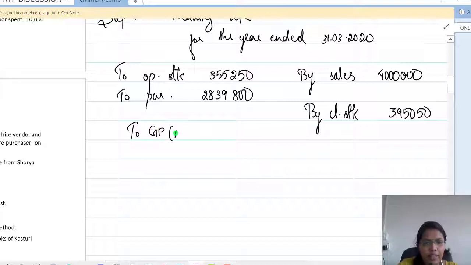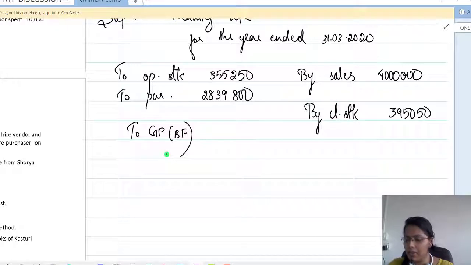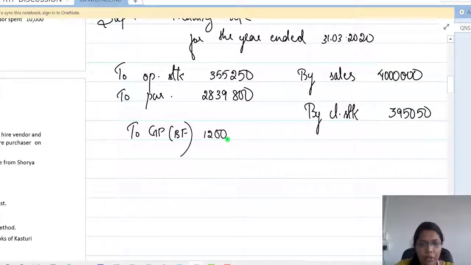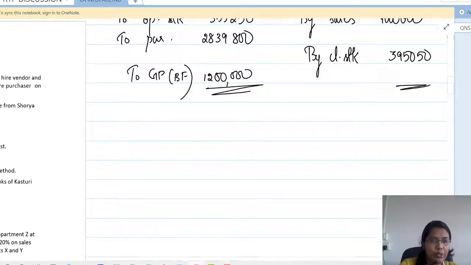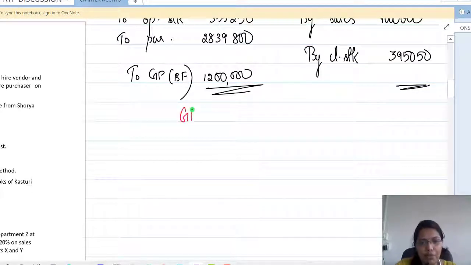as a balancing figure and then find the GPR. So GP is 12 lakh rupees. Now that we have found out the GP in value, let us find out the GPR of the previous year.